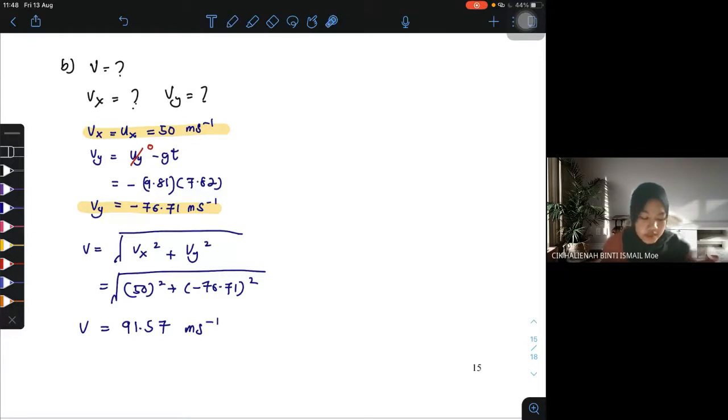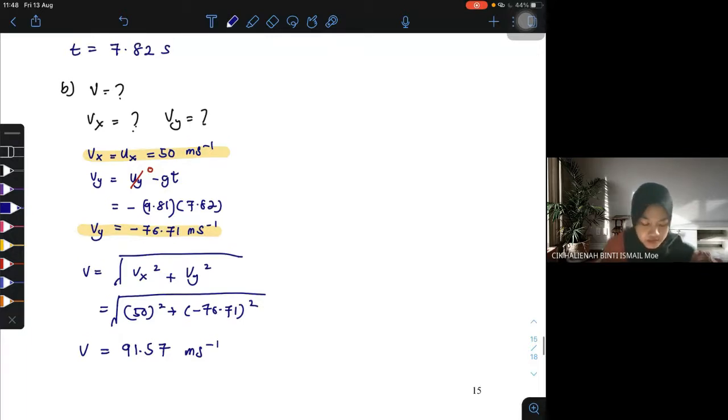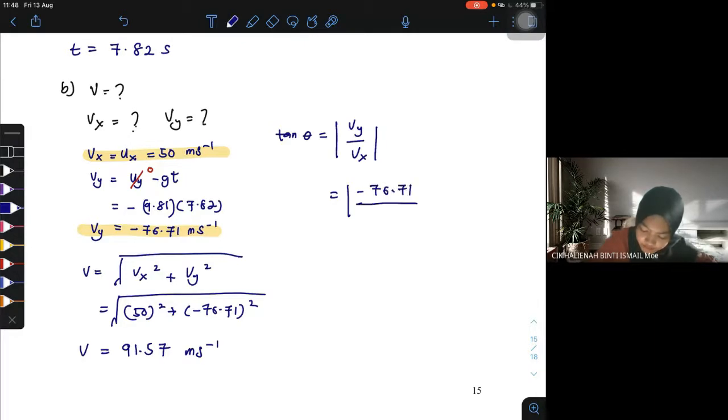Okay. Do we need to find the angle? Yes. Okay, we need to find the angle lah sebab dia minta velocity. So velocity, we need to find the magnitude and direction. So direction sekarang ni adalah in terms of angle. So you need to find the angle. Tangent theta is equal to Vy divided by Vx, which is negative 76.71 divided by 50.